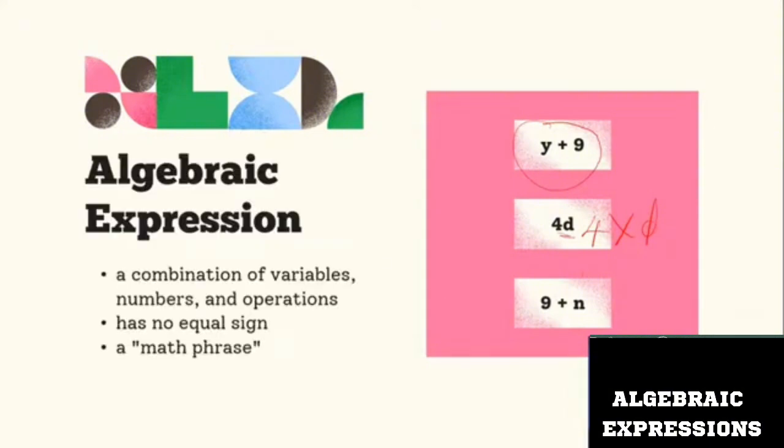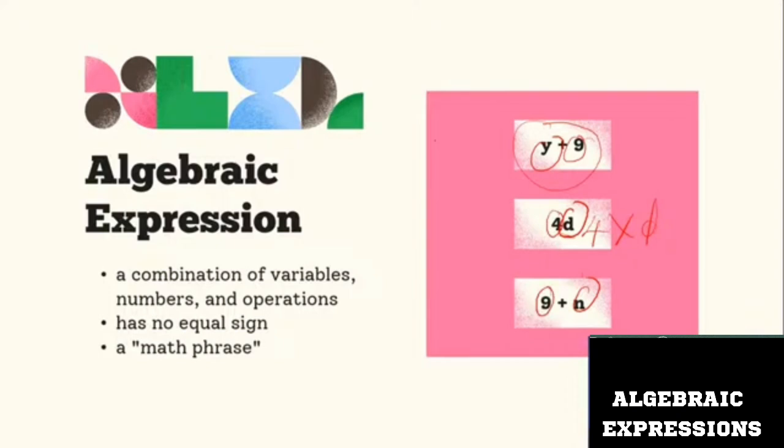So in general, what we call an algebraic expression is a combination of variables, which are the letters like the ones we were looking at. Y there is a variable, d here is a variable, n is a variable. So those are the variables. Numbers, we have these numbers. 9 is a number, 4 is a different number, and this 9 again is another number.